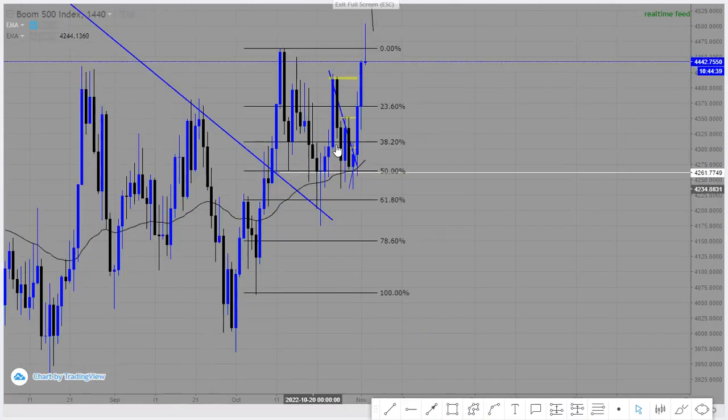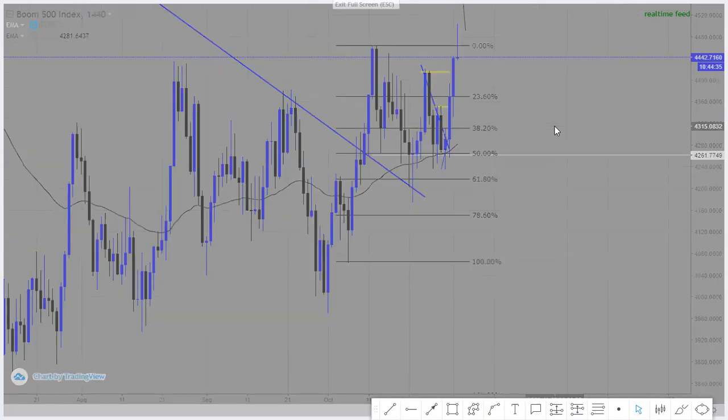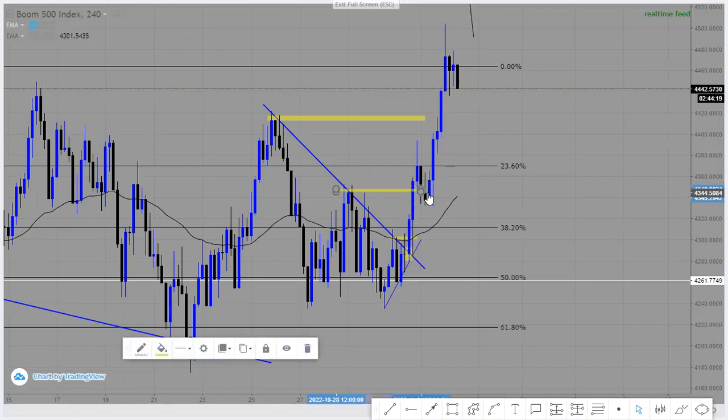Also left bottom, right bottom, double bottom. After establishing that double bottom, there's also another counter trend line that one can use for entries, which was this trend line. Counter, broke, came back to retest. That was a very beautiful entry point for buys. It came back to retest, broke this high, retested it as well. That was also another entry.